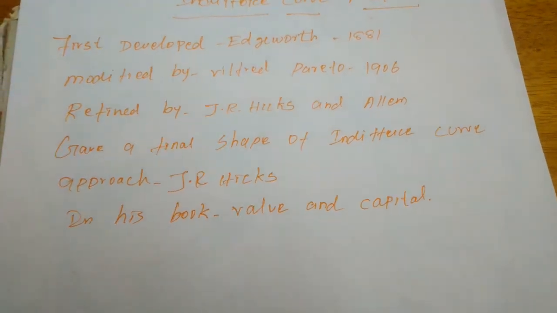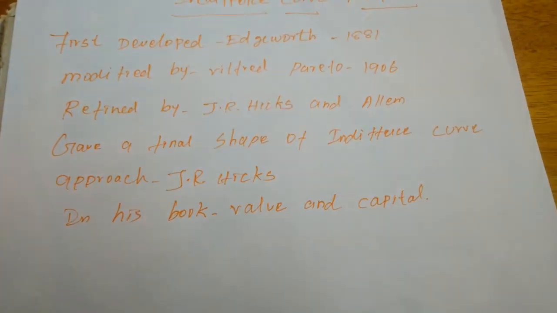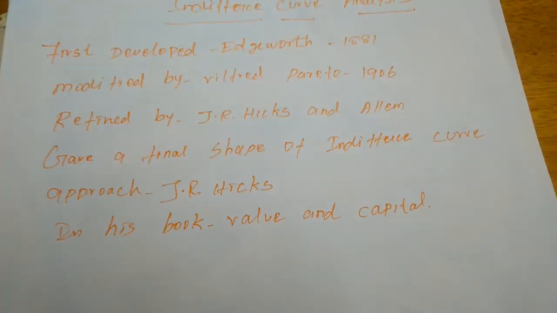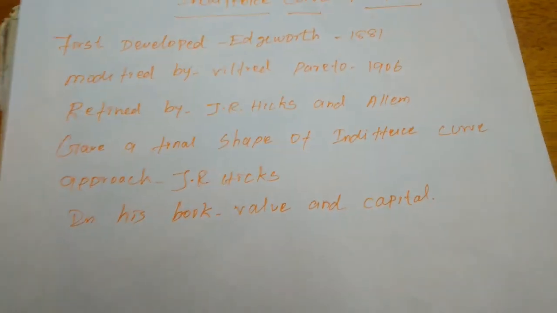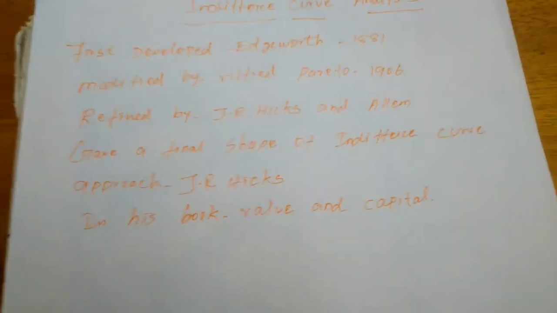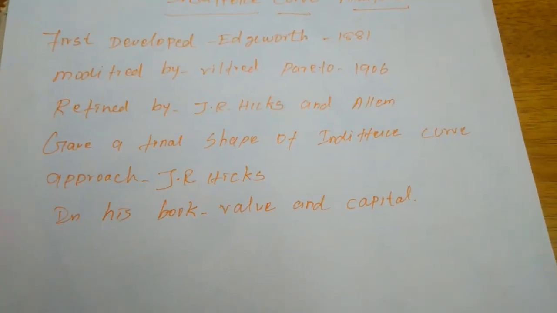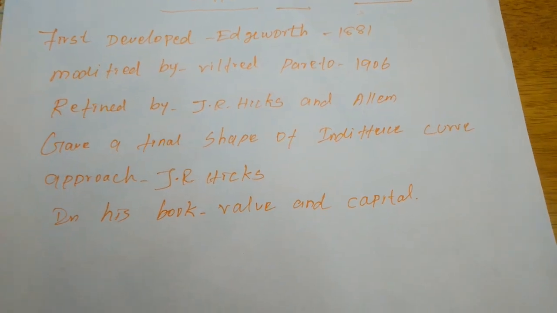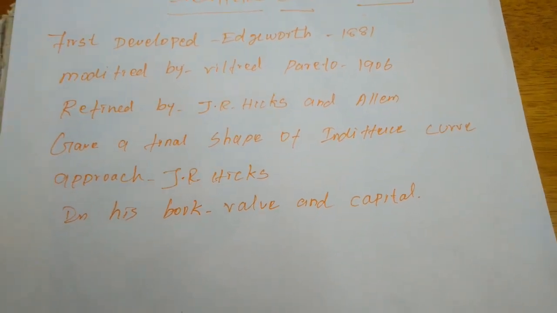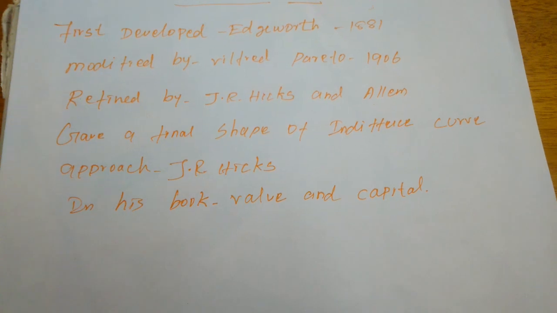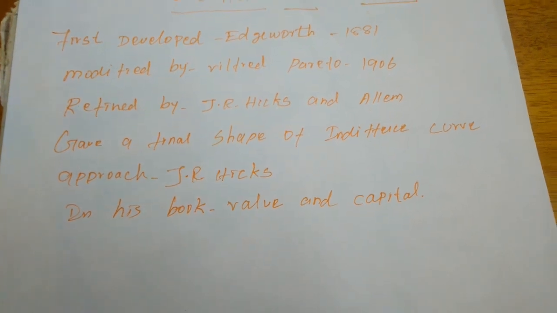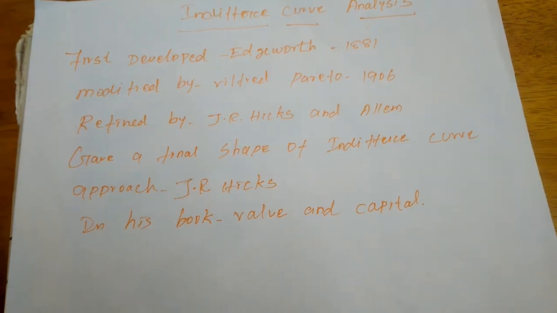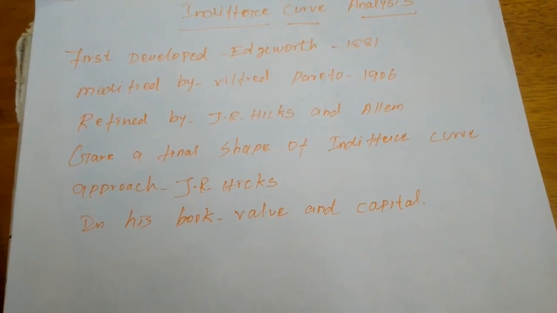Next, the indifference curve approach is based on the concept of diminishing marginal rate of substitution. When there are two substitute goods, when the price of tea increases, we will go to consuming coffee. But the consumption of coffee also diminishes.